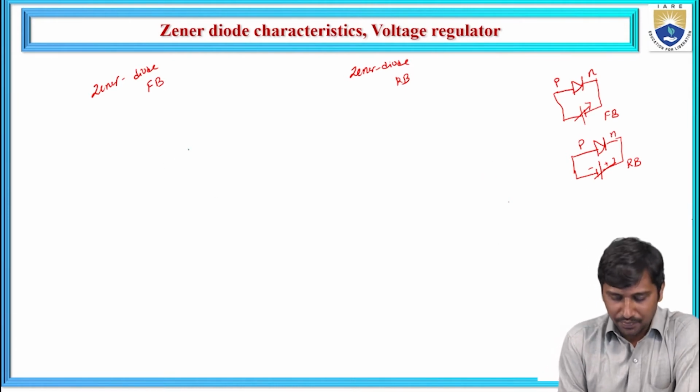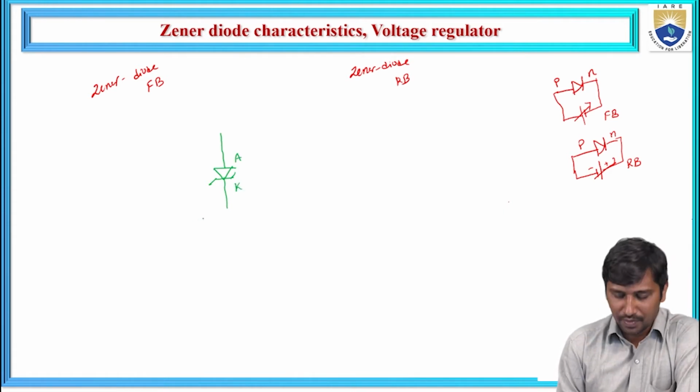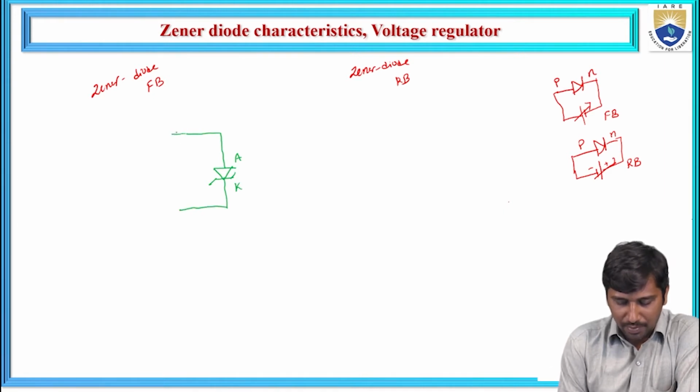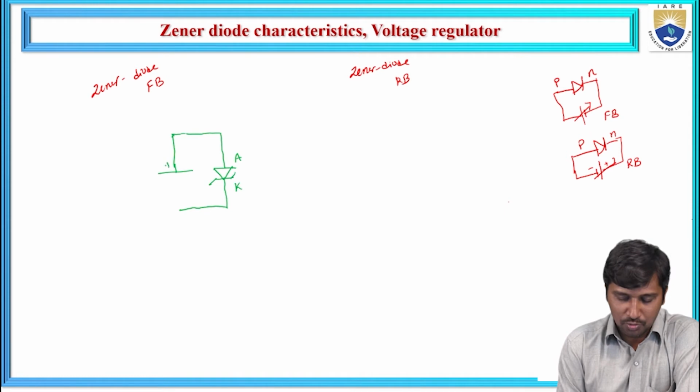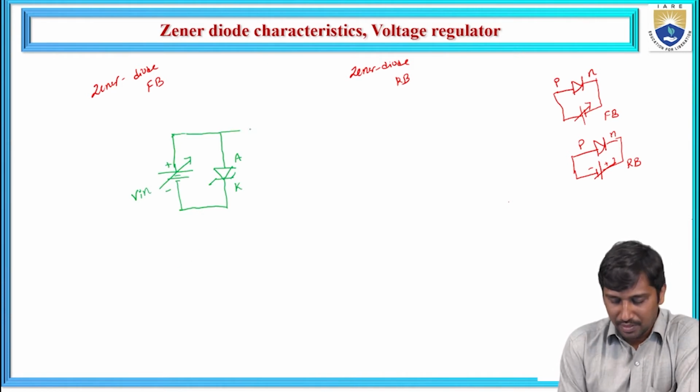Let us consider this Zener diode, with the anode and the cathode. Now I am going to apply a biasing voltage between anode and cathode. The anode is connected to the positive pole of the battery and the negative pole is connected to the cathode side, and we are applying a DC voltage source, represented as Vin.